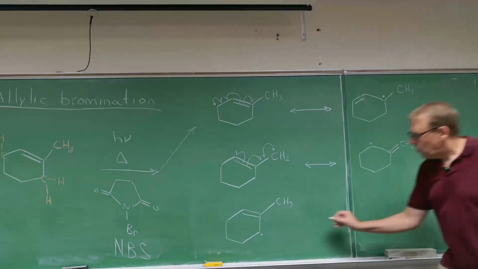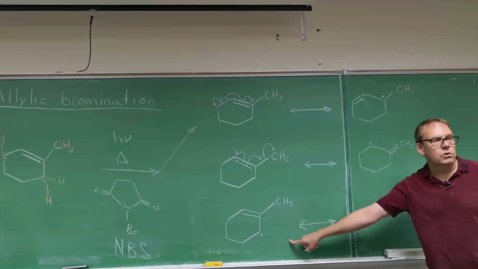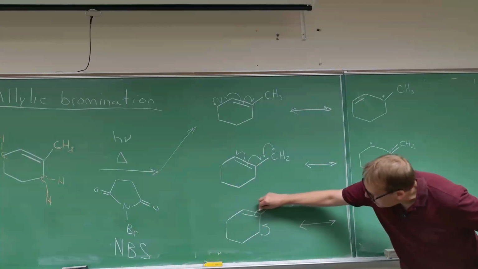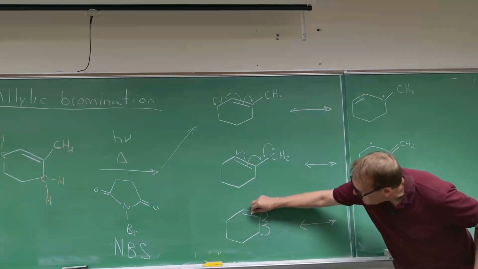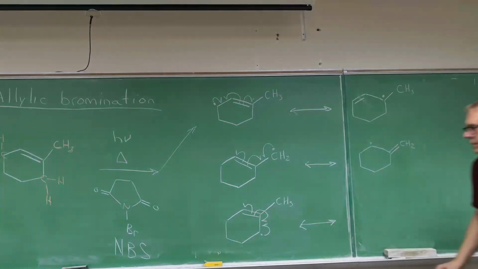Okay, and then we got one more to worry about here. That's this one. If we think about the resonance structure for this lower radical, I'm going to take that dot and push it in, share it differently by pairing it up with one of the electrons in the pi bond, and the other electron in the pi bond I'm going to give to that carbon right there.